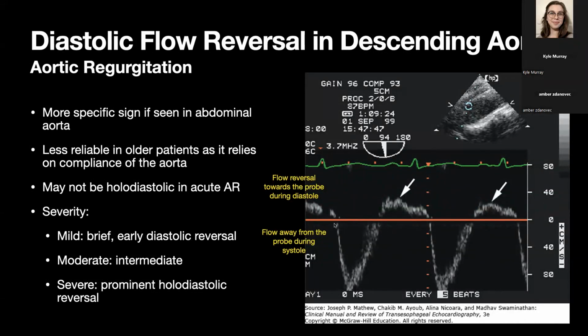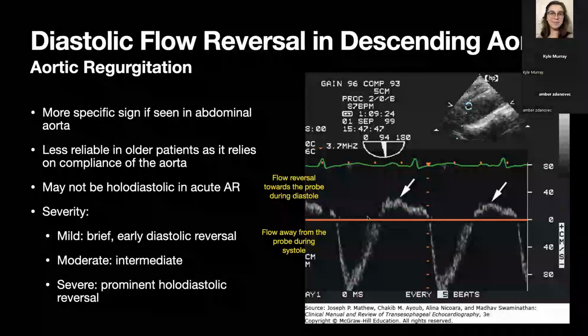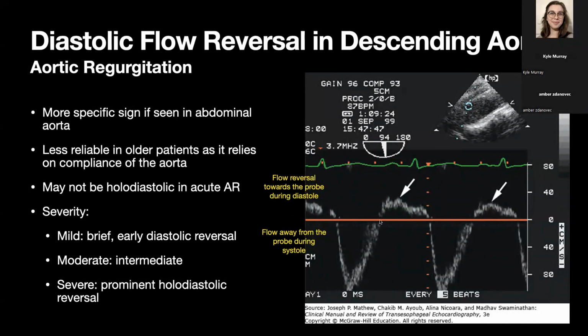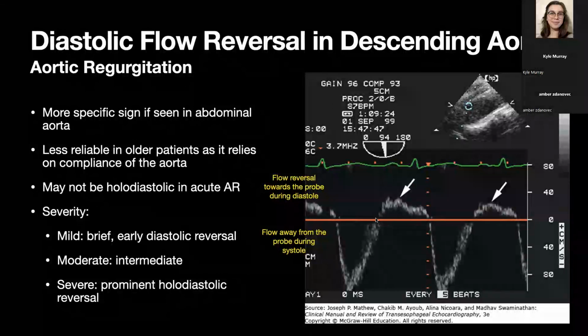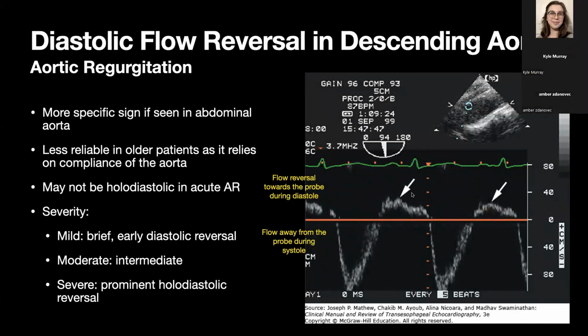So basically, that's what you're seeing here. You're seeing systole with forward flow, and then you're seeing a jet, and this is flow going towards the probe during diastole. So this shouldn't be here. But if you have really bad regurgitation, you'll see this. So that's called holodiastolic flow reversal in the descending aorta.